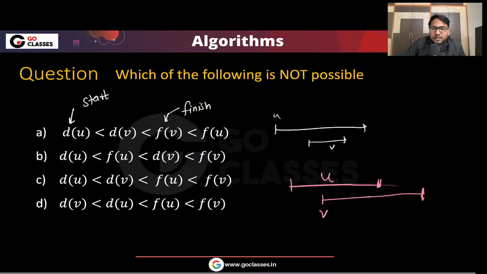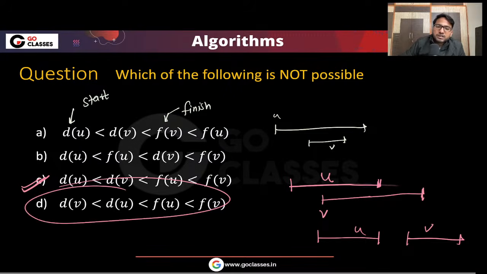U is like this and V is like this. Is this possible? The answer is no. Since this is not possible, that's why this is the answer. Is this possible, that you are starting V and then U, finishing U and V? Yeah, this is also possible, right? So basically this D is not possible. Oh, sorry, this C is not possible.